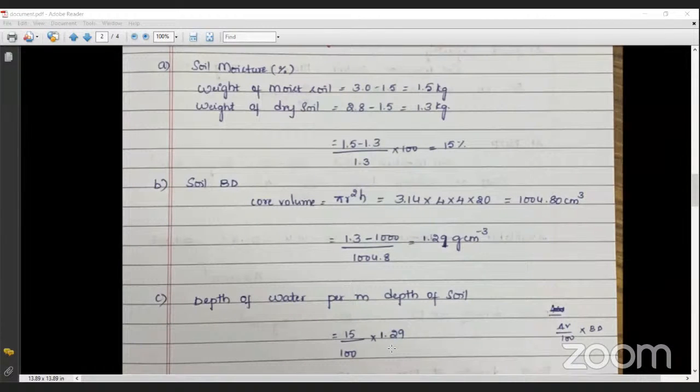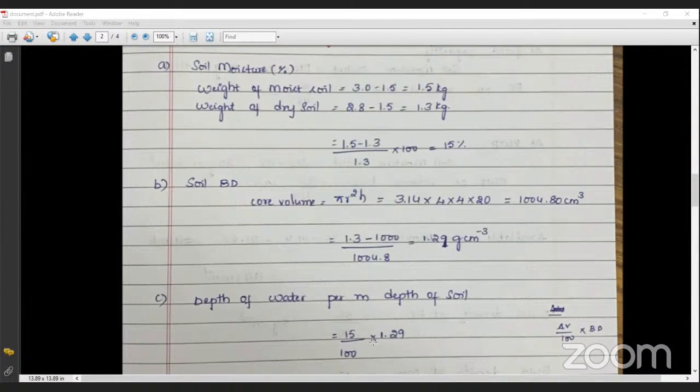Okay, sir. When the answer is 19 centimeter, if you get 0.19, it will be in meter only. When it is multiplied by 100, you will get 19 centimeter. So you have to express in centimeter or meter, whatever is given in the options, and mention it in that format only.